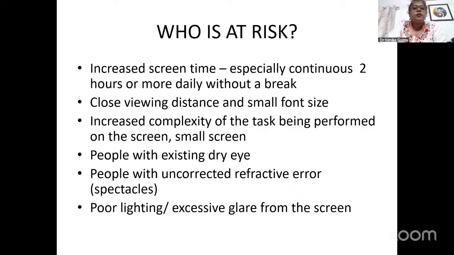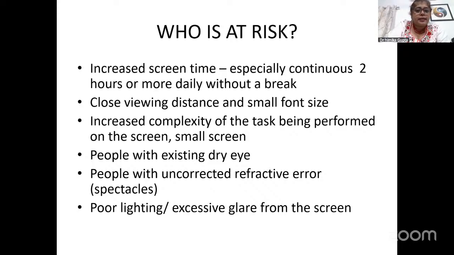If the viewing distance is close, or the complexity of the task being done on very fine print or a small screen is very high, for example, editing an article, going through an Excel, or editing a Google spreadsheet on an iPhone or any of the smartphones, then all those things will contribute to your eye strain.